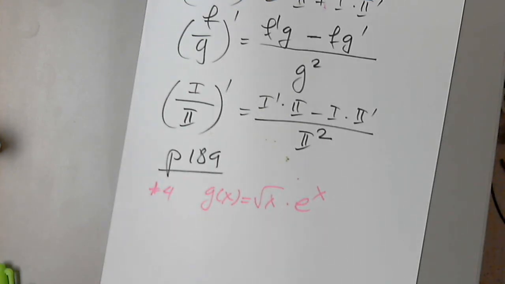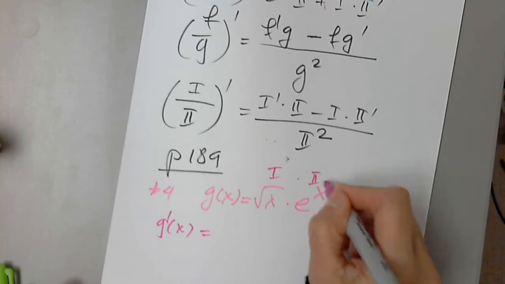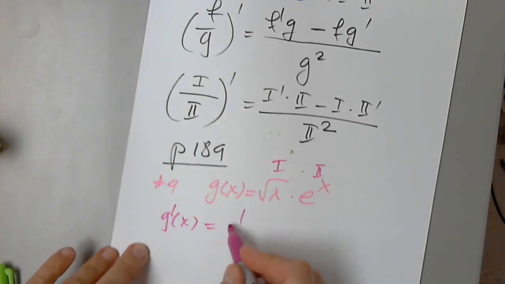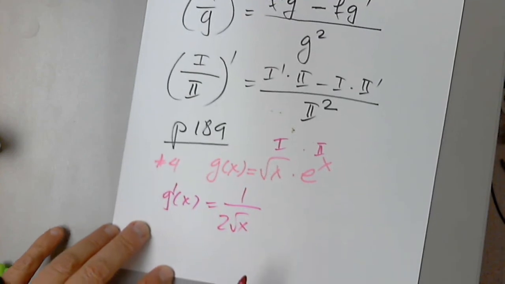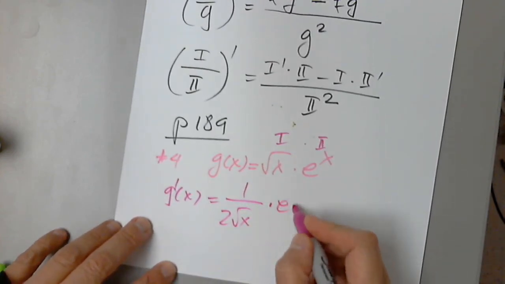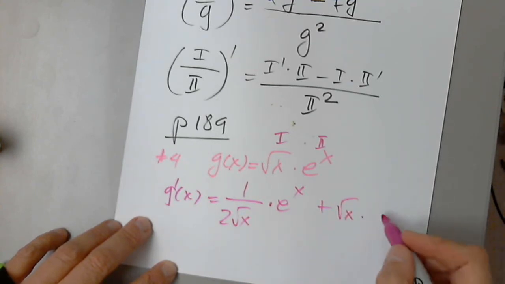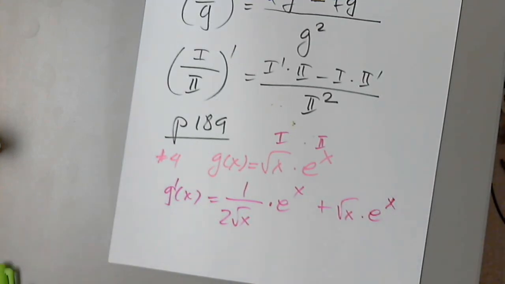If I want to find g prime, I have no other way but differentiate using the product. So the first function prime, 1 over 2 the square root of x, we proved it together today, multiplied by e to the x, plus the first function times the second function prime, which is e to the x.